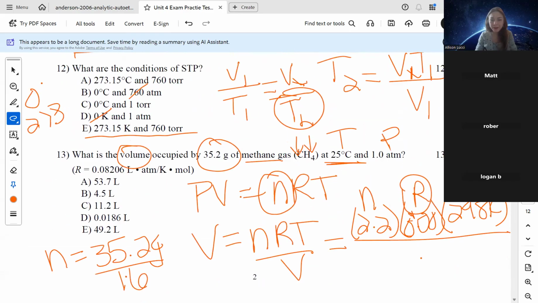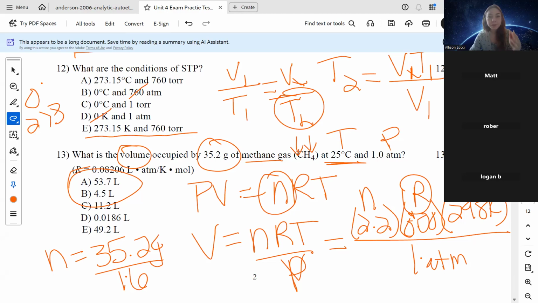Oh, I wrote V again by accident. Sorry, guys. So this should be a P. We'll divide by 1 atmosphere. Well, I guess it wouldn't have mattered if we divided by P or not. We're still going to get 2.2 times 0.08206 and then times 298 on top. So I'm getting answer choice A here. My volume of 35.2 grams of methane would be about 53.7 liters.